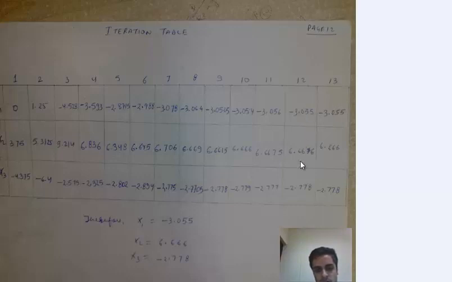The values of x2 and x3 are also getting repeated after the 12th iteration. Therefore, these are the final values of our variables x1, x2 and x3. The value of x1 is coming out to be minus 3.055, the value of x2 is equal to 6.666 and the value of x3 is minus 2.778.